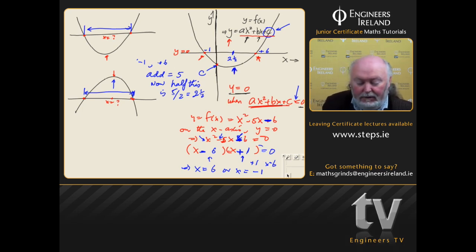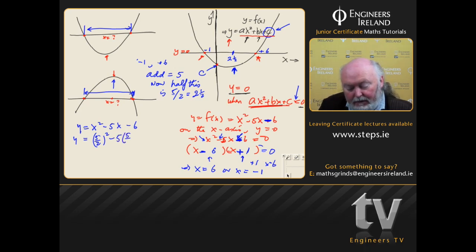And all we've got to do in the equation is say y is then equal to 5 over 2 squared minus 5 by 5 over 2 minus 6. And that will give us the y value, and we'll know the point.